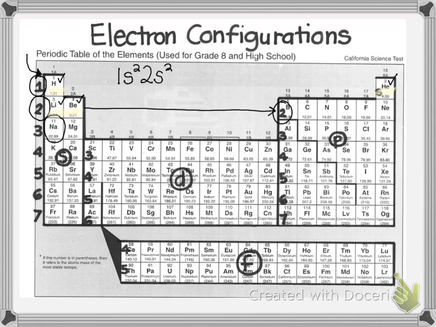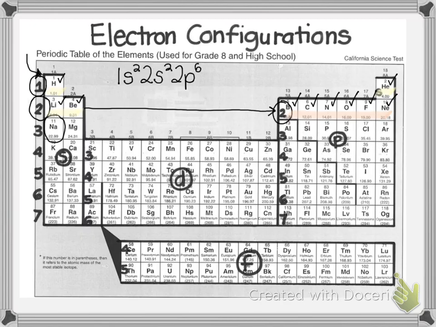I'm going to rewrite the number 2, and now we're in the p's. The p's are represented by the 6 columns here. And so when you completely fill a p, you'll use 6 electrons. 1, 2, 3, 4, 5, 6.